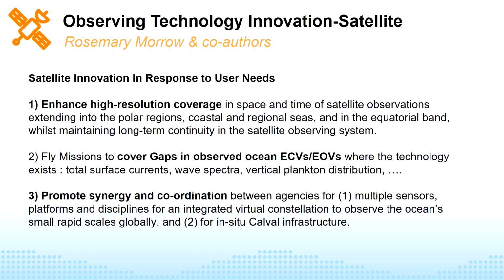And also to have this coordination so that the CalVal infrastructure is maintained over time. We can come back and reprocess our long-time climate series, and that is coordinated across multi-missions and multi-satellites.